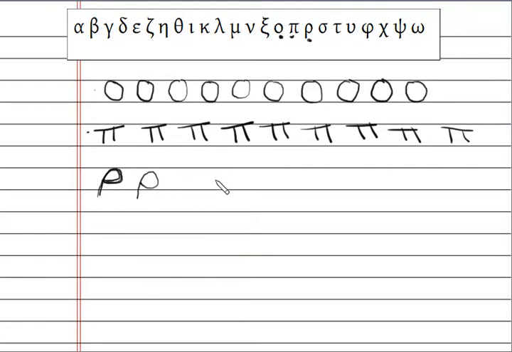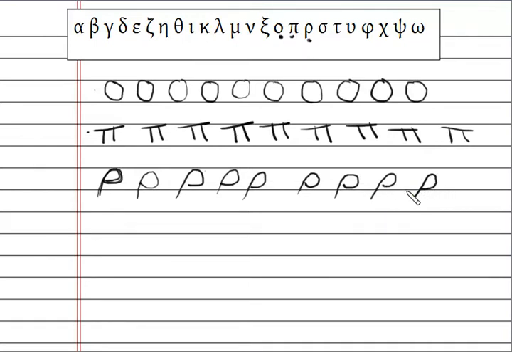Now, it was pronounced a little bit with a rough beginning, more like rho. You can almost hear an H sound in front of it. So when it begins a word, it'll often have what we call a rough breathing mark, which will make it more of a rho sound. But if you just want to make the R, that's okay too.